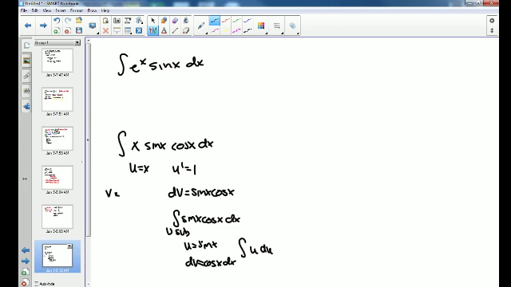So sine squared x over 2. And what you end up with is the integral of uv minus v du, this you can deal with in some way, shape.